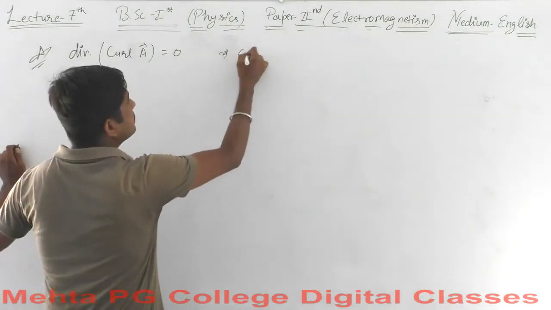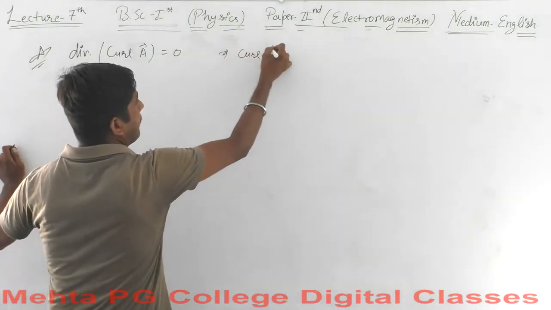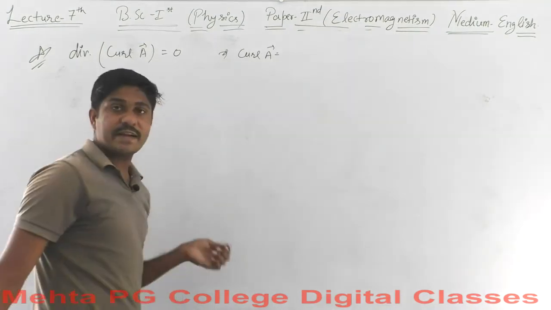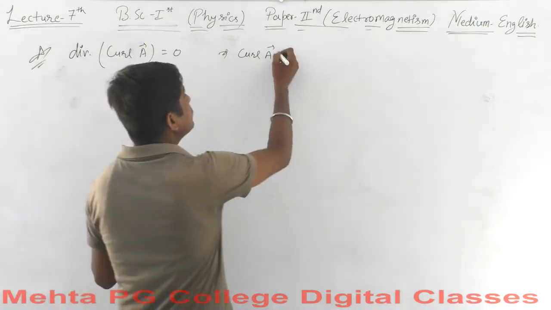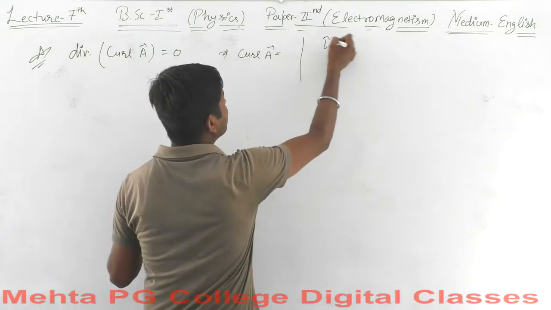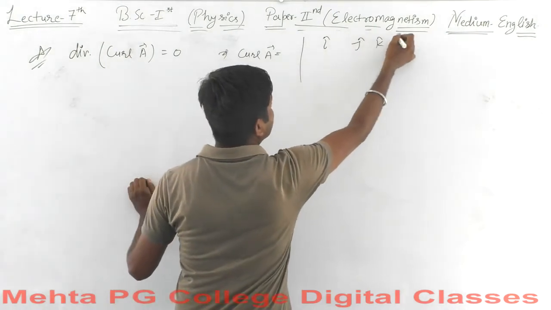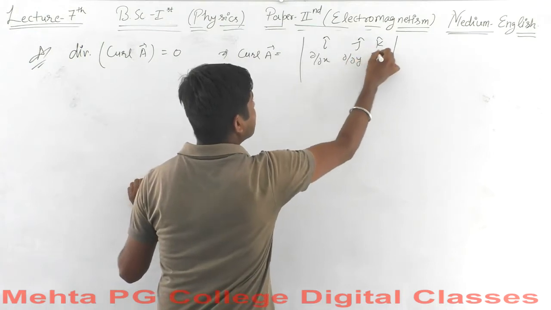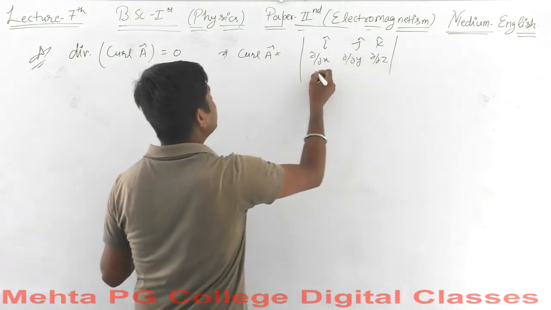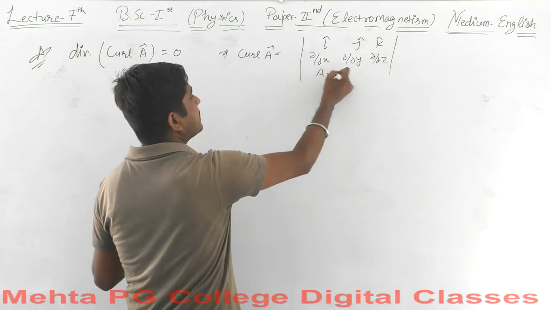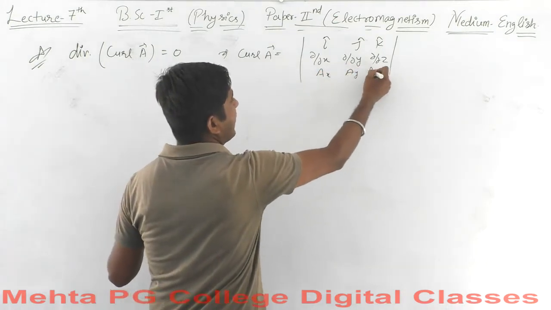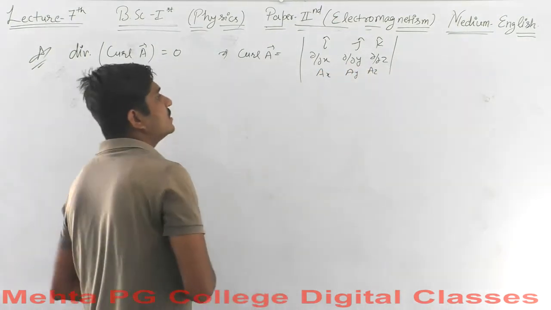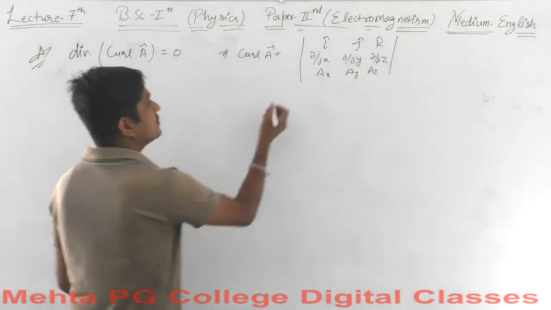If you remember, the value of the curl of vector A will equal the determinant i cap, j cap, k cap, ∂/∂x, ∂/∂y and ∂/∂z, and the components Ax, Ay and Az. So what will the value be?